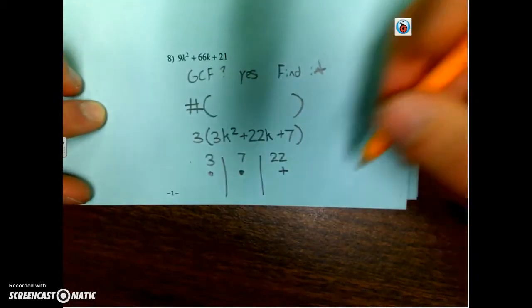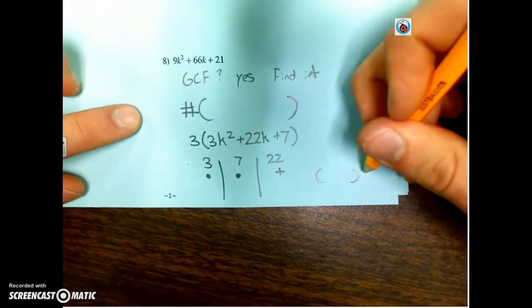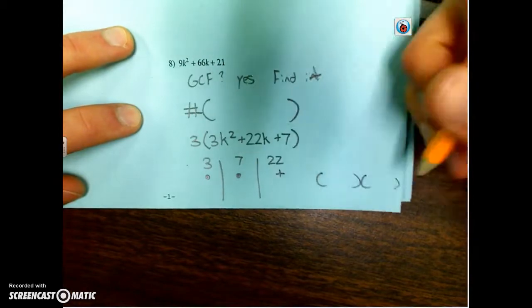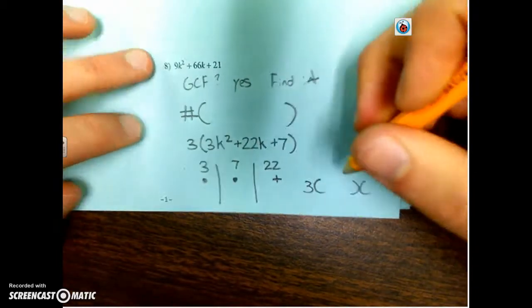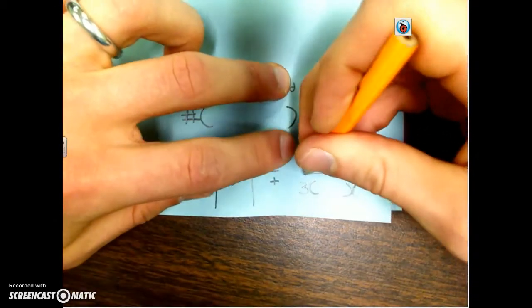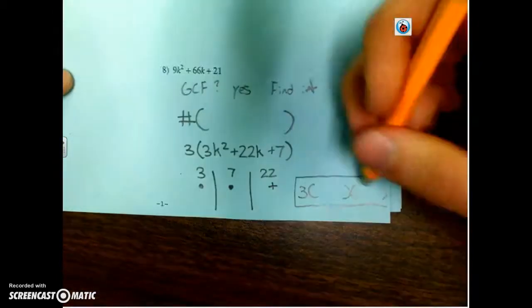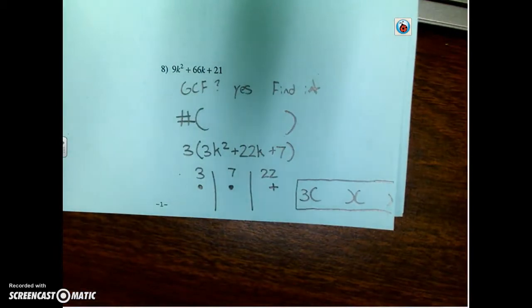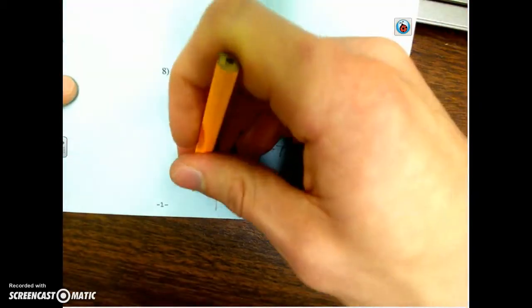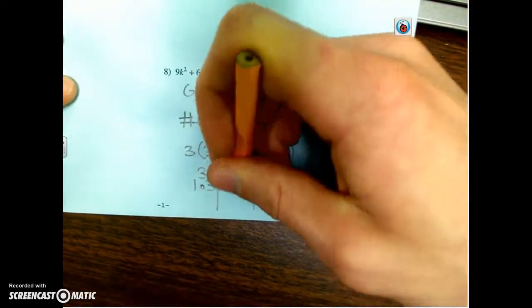And we know that our answer here is going to have this 3 out in front for sure. We can go ahead and put that there already. We know it's there. So now we're just looking for our correct combinations. We know a 1 times a 3, a 1 times a 7.